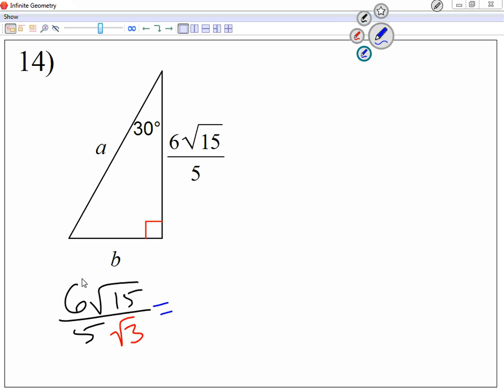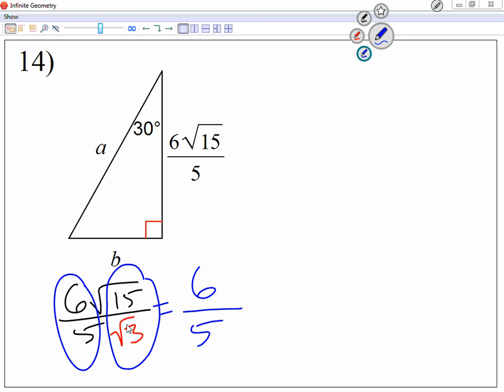When I look at my fractions, 6 over 5 is just 6 over 5, right? There's nothing I can do. When I look at my radicals, 15 divided by 3, I'm going to call that radical 5. I'm combining my radicals. I'm simplifying my radicals. All right, so B is 6 radical 5 over 5.